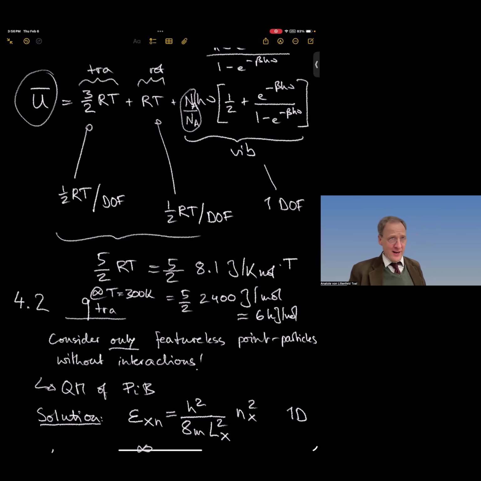It's roughly 400 kilojoules per mole. Okay. So the energy you get from just moving and rotating around is roughly 1% of a covalent bond. Okay. And that tells you something, right?